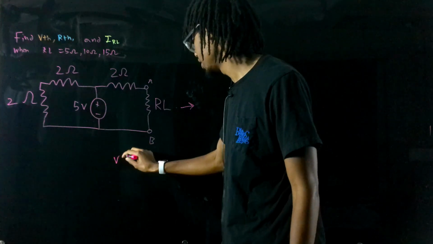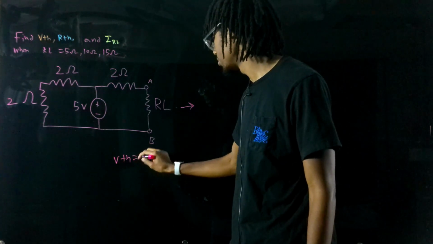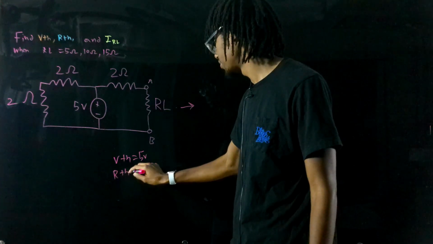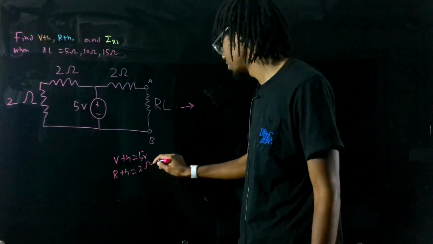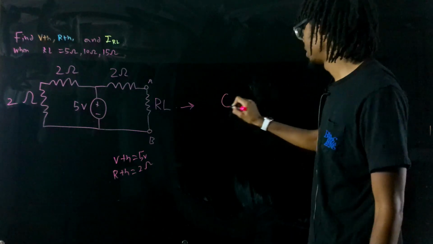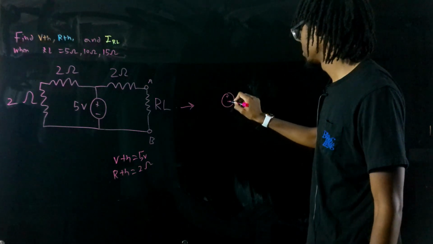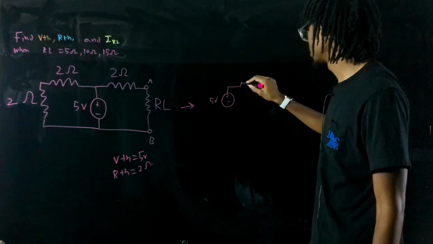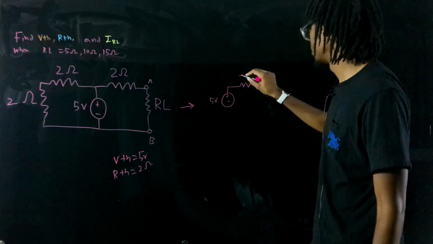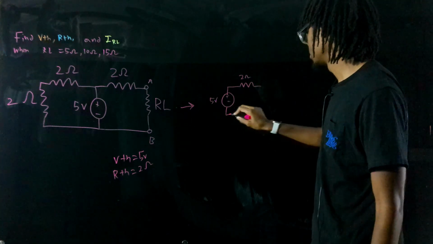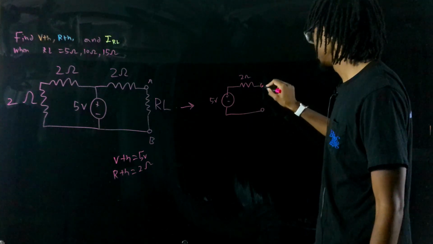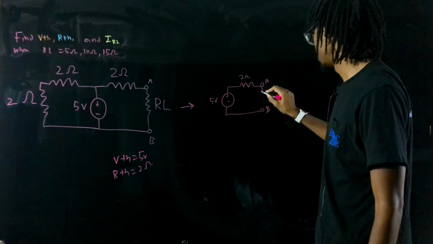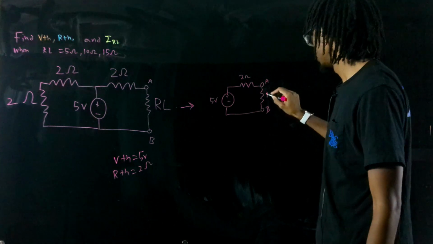So our VTH was found to be equal to 5 volts, and our RTH was found to be equal to 2 ohms. So we'll have our 5 volts source in series with our 2 ohm RTH. We'll have our A node and our B node, and then we'll have our RL across it.